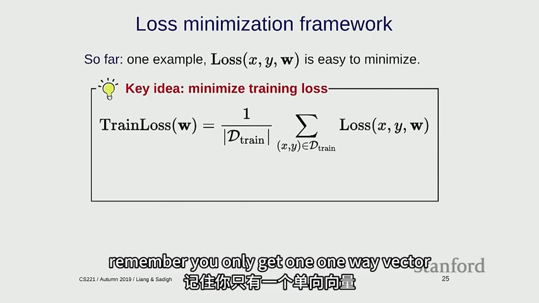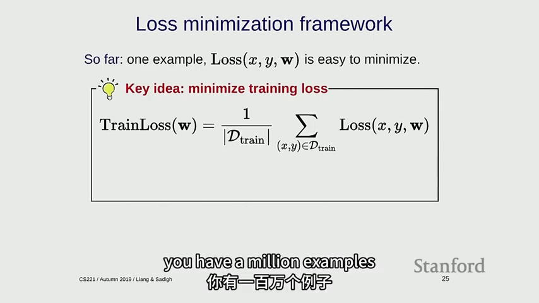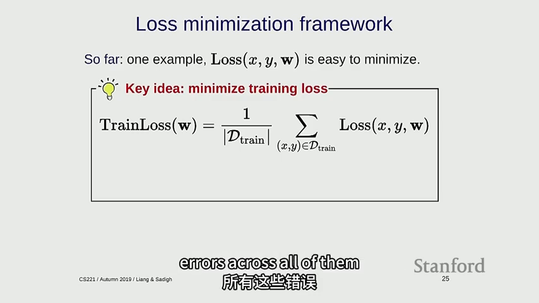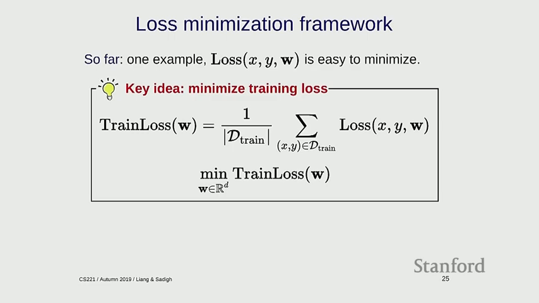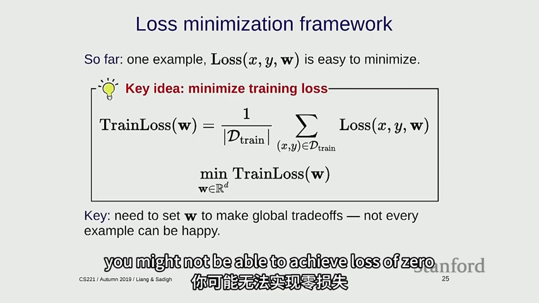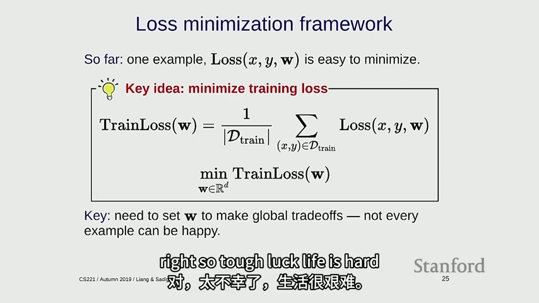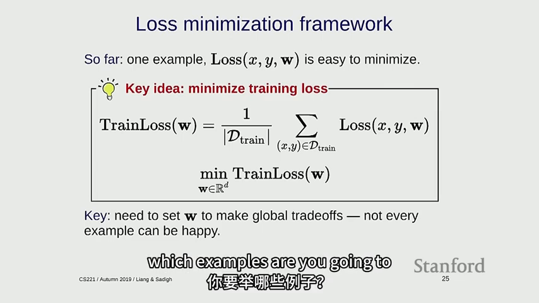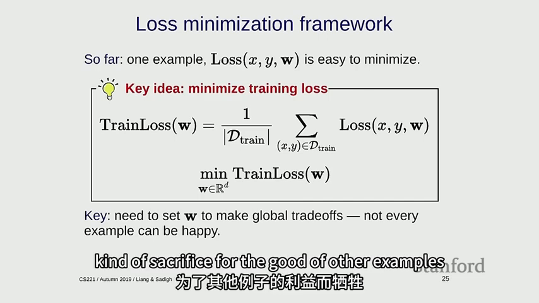Remember, you only get one weight vector. You have all these examples. You have a million examples, and you want to find one weight vector that balances errors across all of them. In general, you might not be able to achieve a loss of 0. So tough luck, life is hard. You have to make trade-offs. Which examples are you going to sacrifice for the good of other examples?